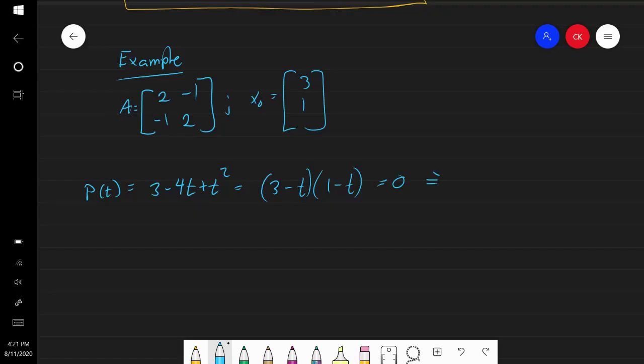So we get a couple of eigenvalues, lambda being equal to 3 and 1. And we can go through and find the associated eigenvectors for those.